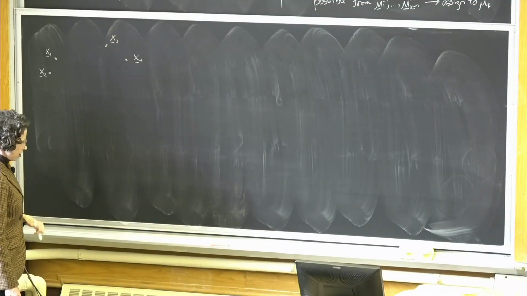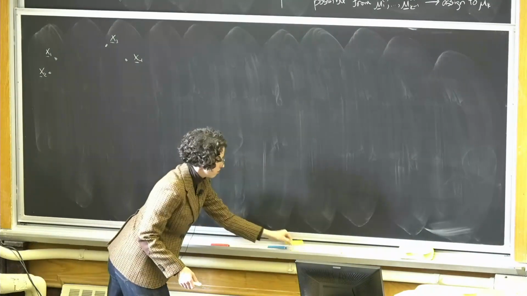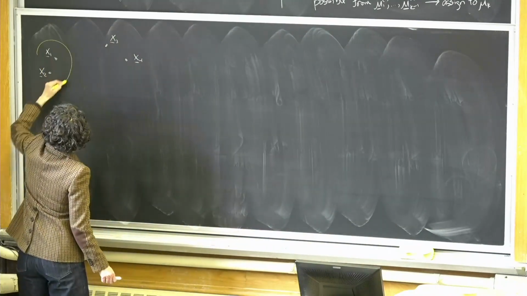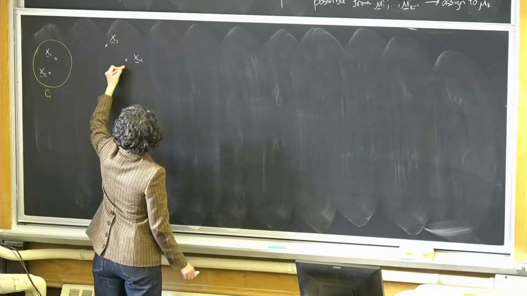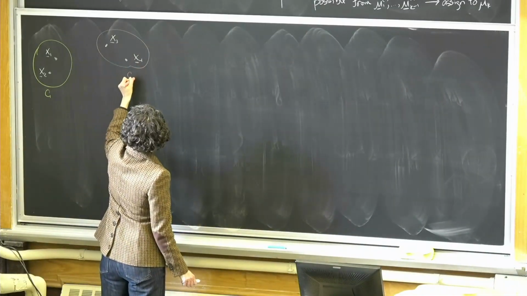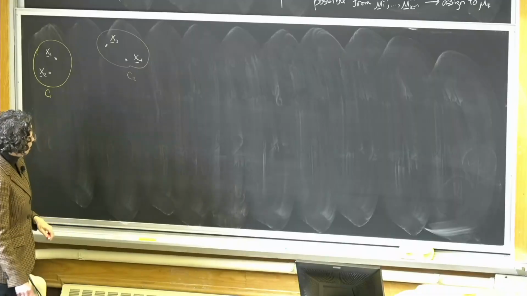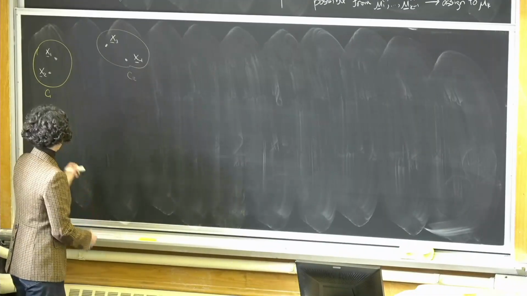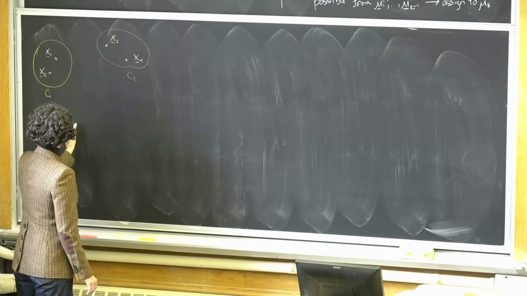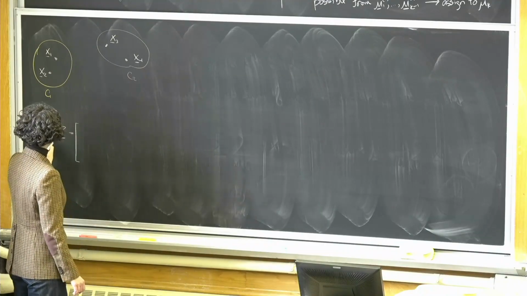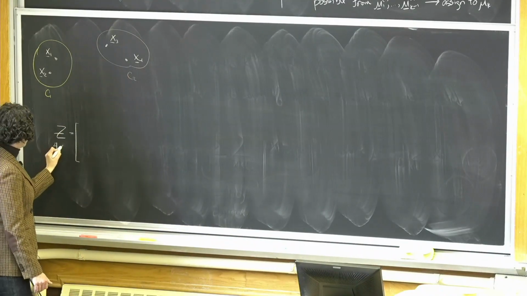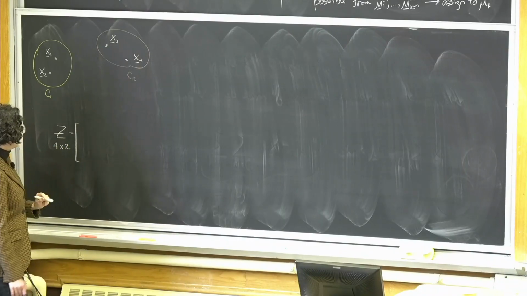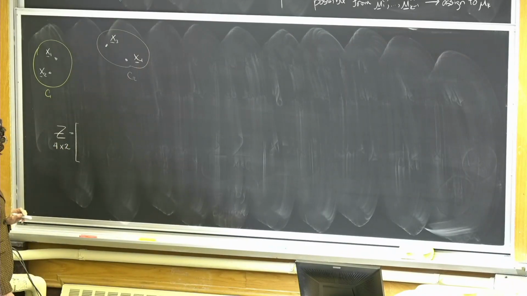And if I had clustered these so that this group is cluster 1 and this group is cluster 2, then my Z matrix is going to be N, the number of samples, which in this case is 4, by K, the number of clusters, which in this case is 2.